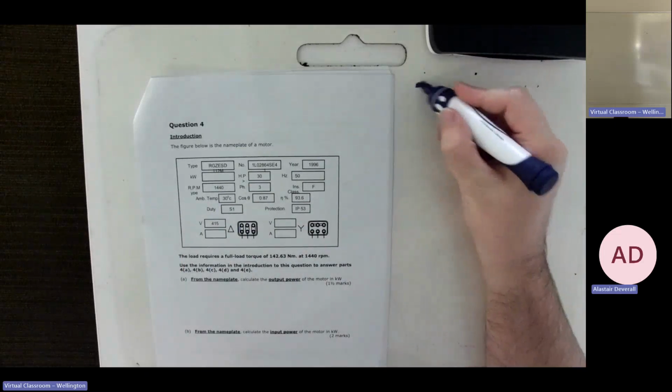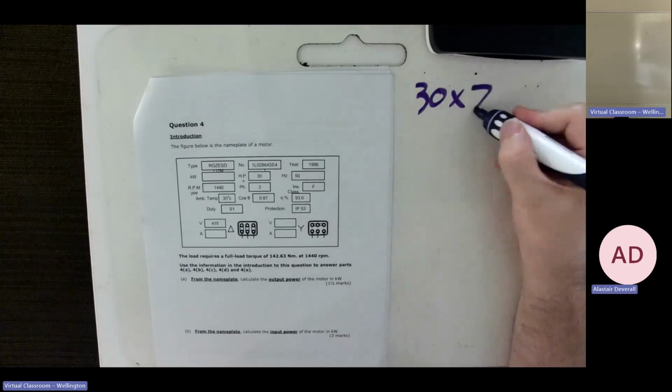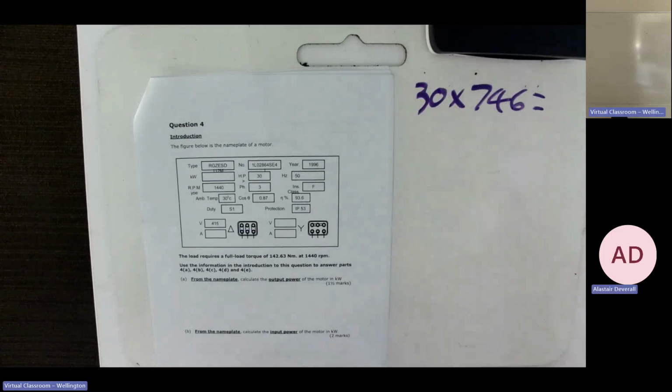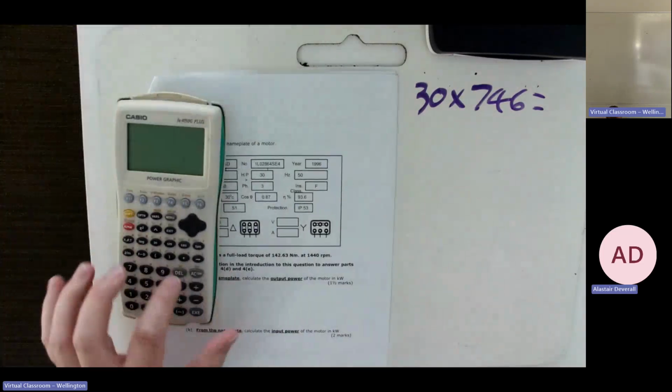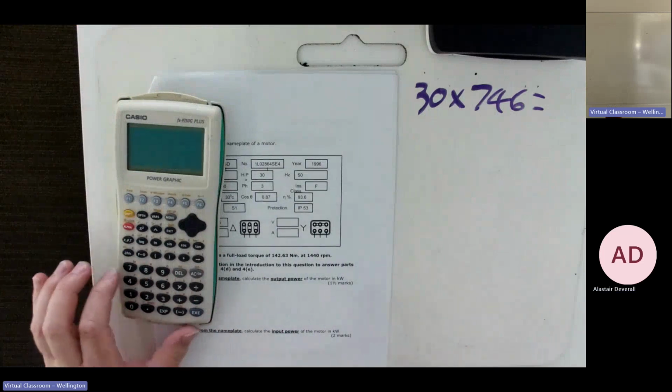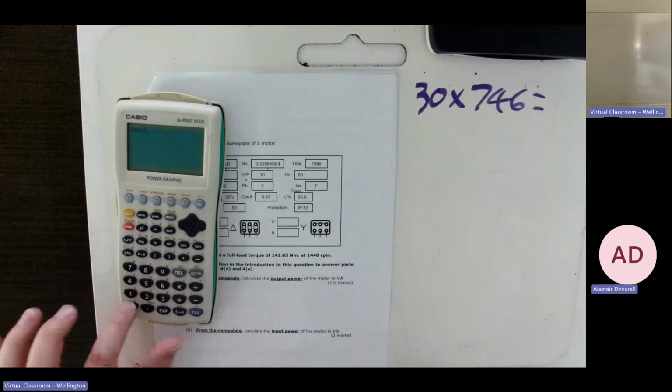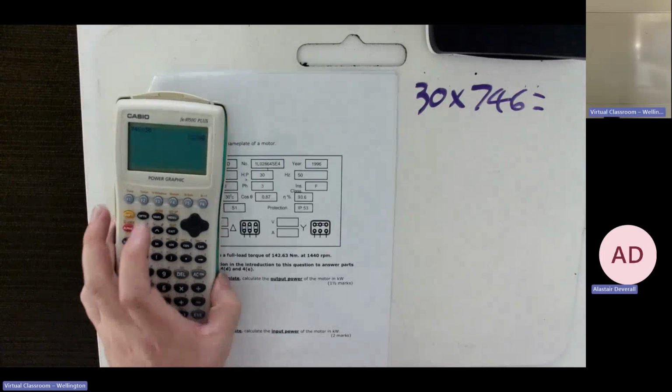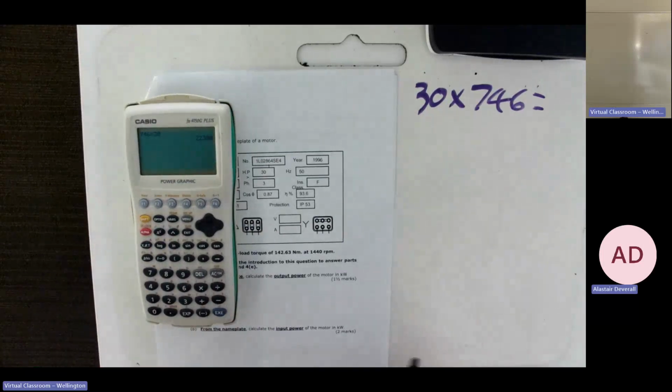They're asking for our output power. So it's a simple matter of 30 times 746 equals, and if we pull out our calculator, 746 times 30, we get 22380 watts.